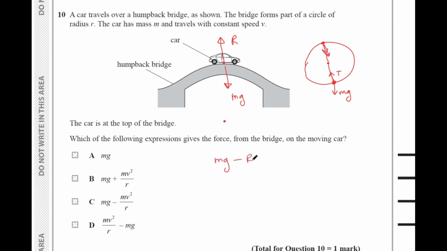So mg minus R gives the centripetal force. Since we are asked to find the force exerted on the car from the bridge, we have to find R. So R should be the subject. That is given by mg minus mv squared over R. So answer is C.